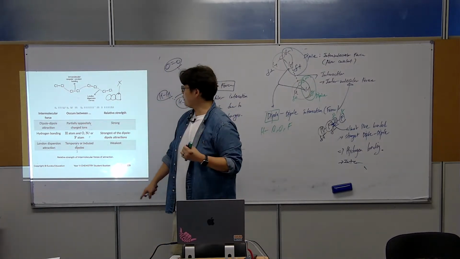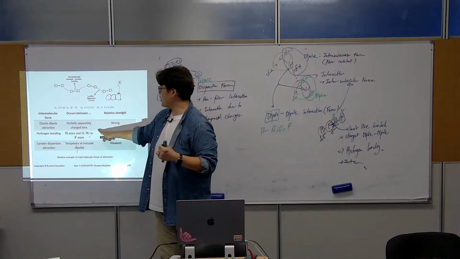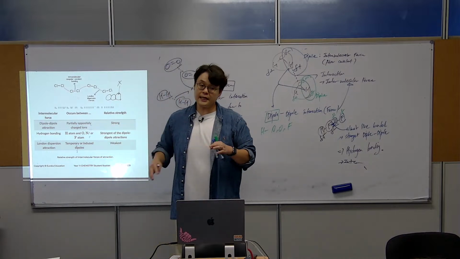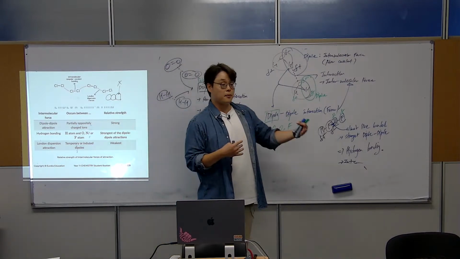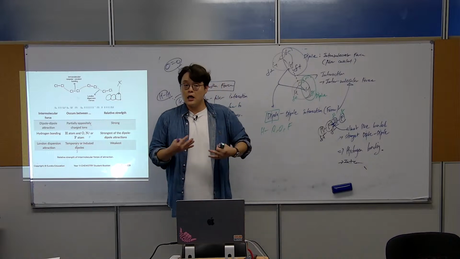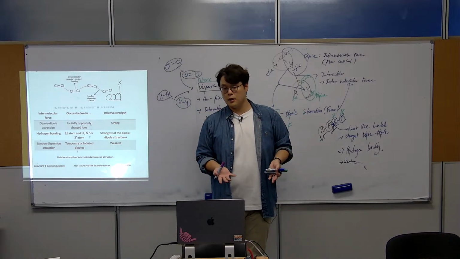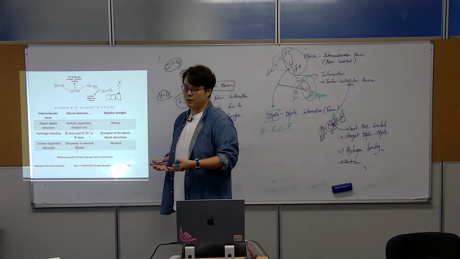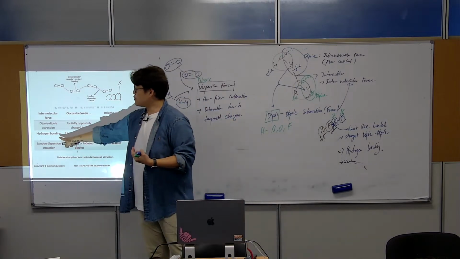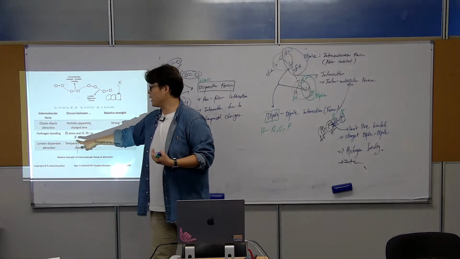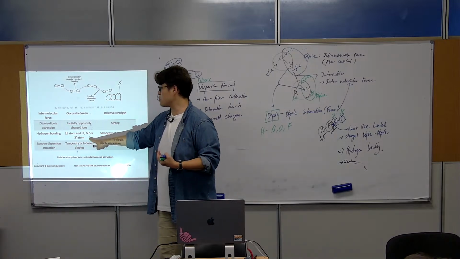Okay. Now, it's partially opposite charged ions too. So anything having charges like a partial positive and negative, we call dipoles. Interaction between 2 dipoles is called dipole-dipole interaction. But out of the many dipoles, hydrogen bonding is the strongest when the hydrogen forms a bond with oxygen, nitrogen, or the fluorine atom.